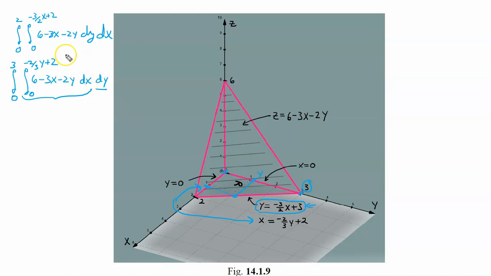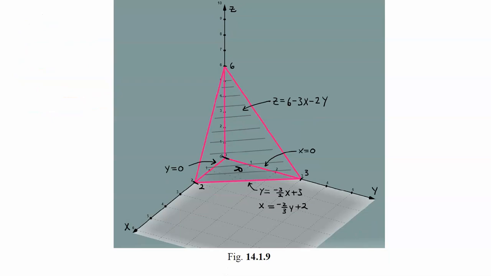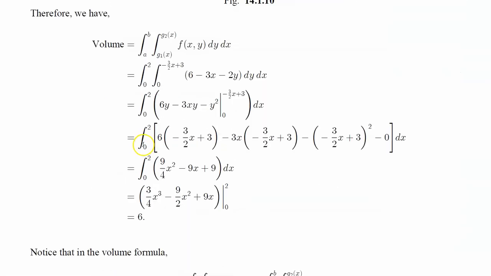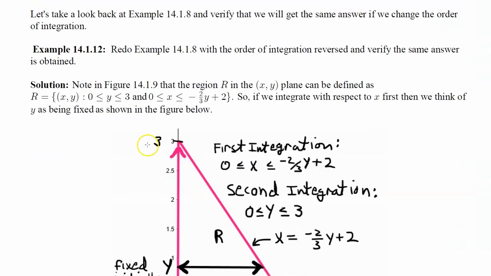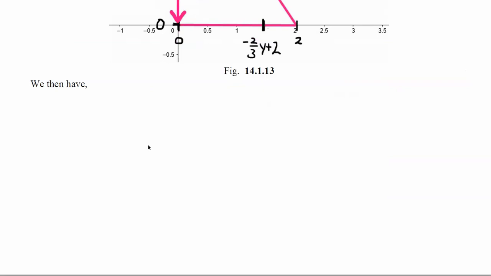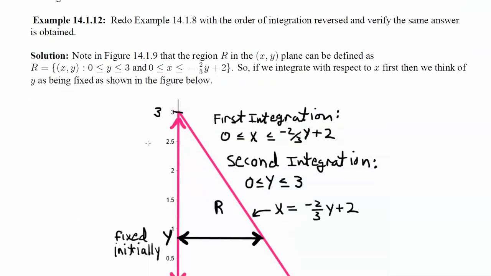Just to verify that, let's take a look at evaluating this and see that we do get the same number back. We had better, or else there's something wrong with what we've done. So if we go down here to this example, reversing the order of integration is what this example 4.1.12 is asking us to do.